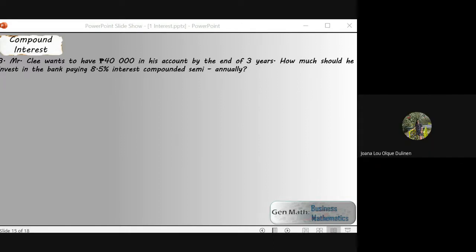Number 3, Mr. Klee wants to have 40,000 in his account by the end of 3 years. How much should he invest in a bank paying 8.5% interest compounded semi-annually, sir?